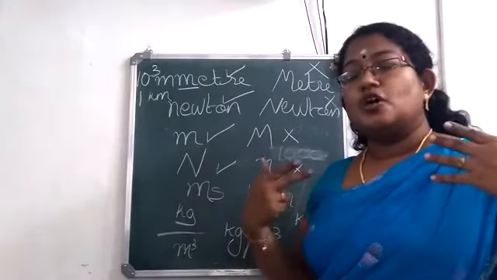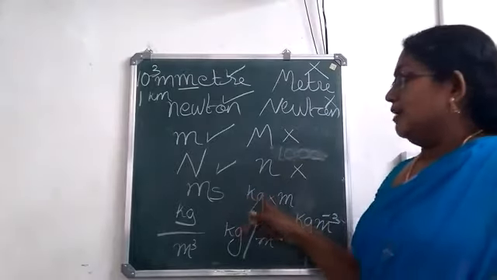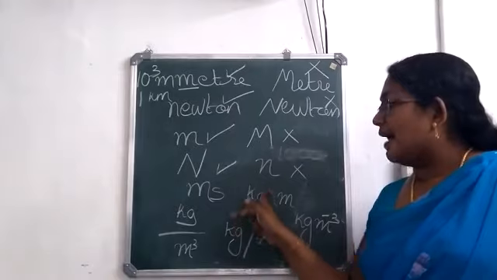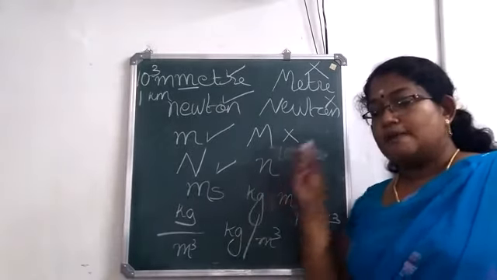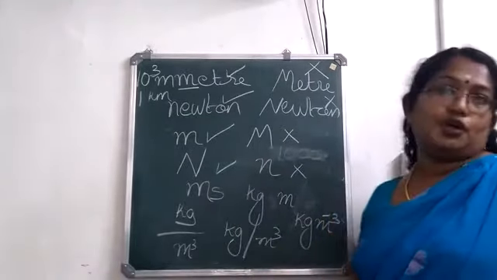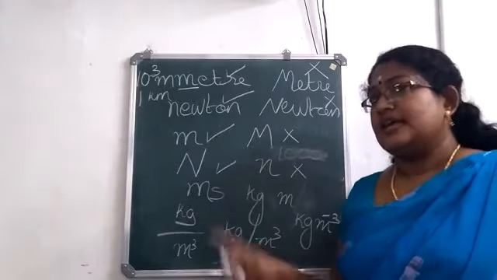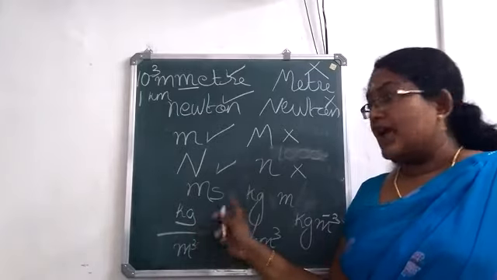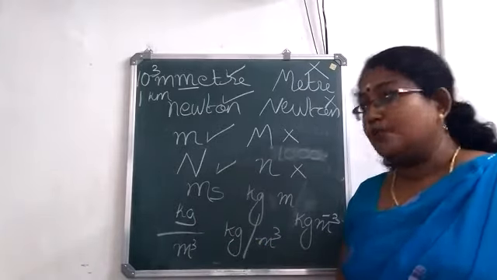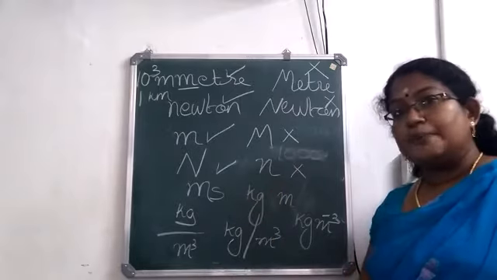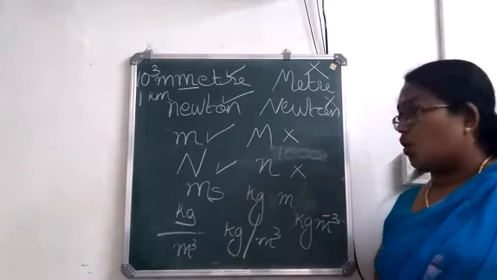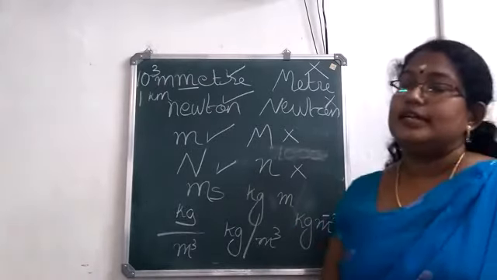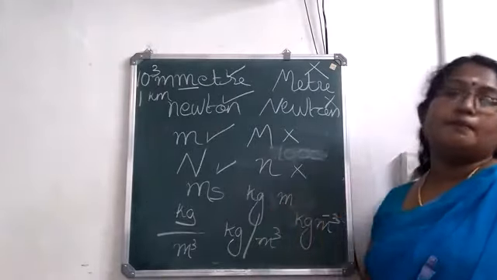Then, in the case of compound units, that is more than one unit is coming, either leave a gap in between the two units, put a dot or put a cross there. Next one, if one unit is coming in the numerator and the other one is coming in the denominator, you can either put a bar sign in between, or write the unit in the denominator as a negative power.